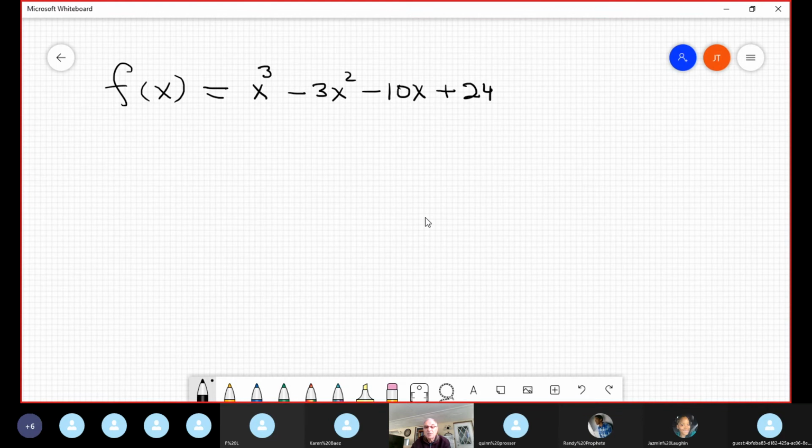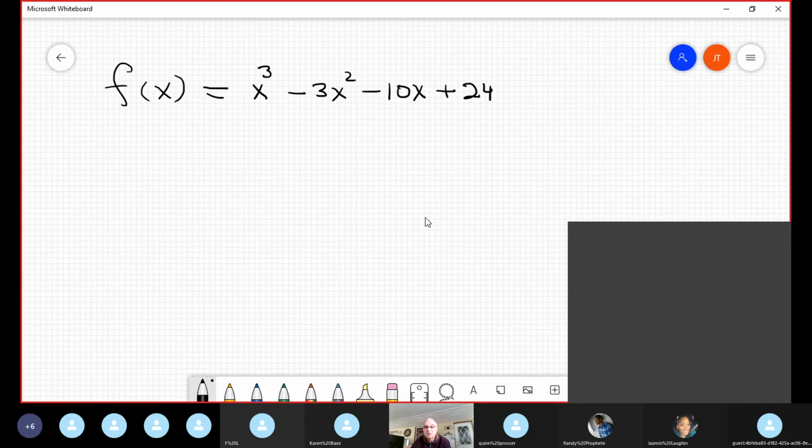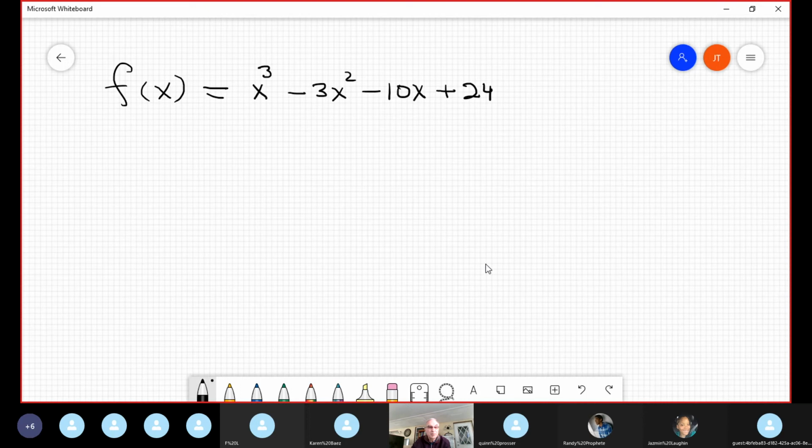And what is the formula? The formula is plus or minus P divided by Q. P is 24 and Q is 1. I like Q1 because Q is 1, so we have no fraction, I suppose.